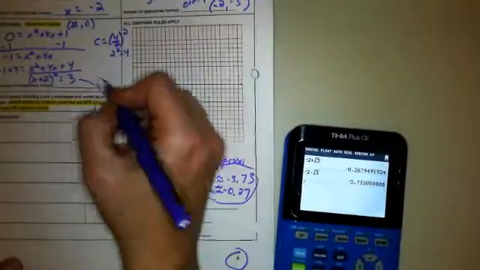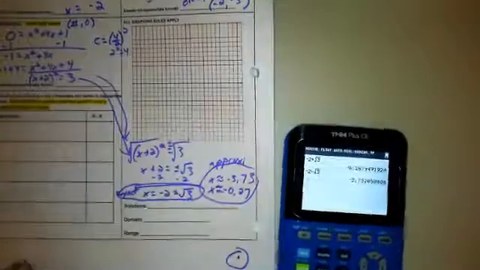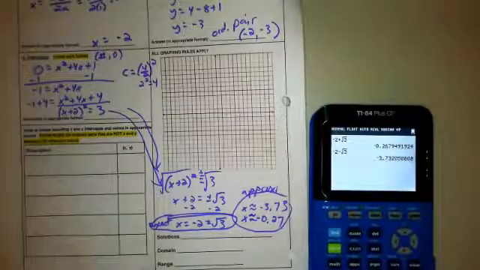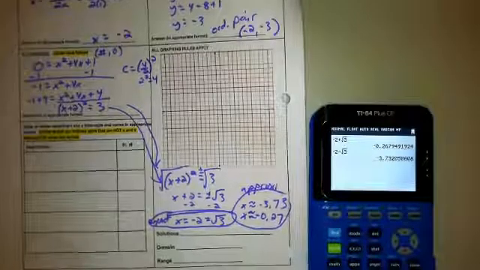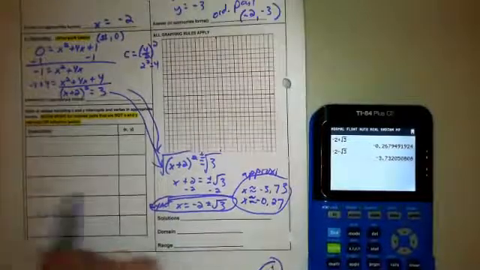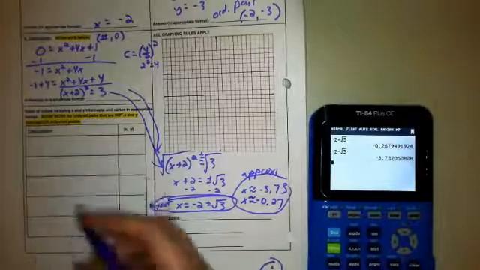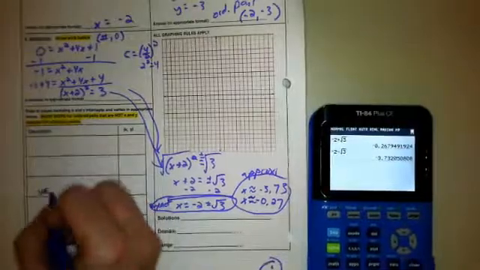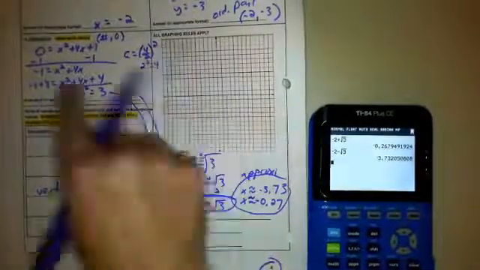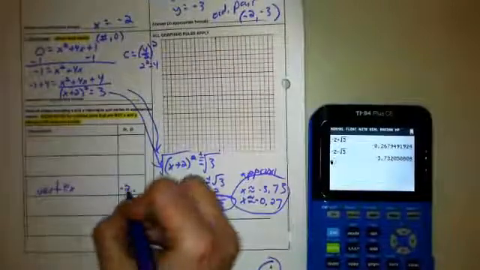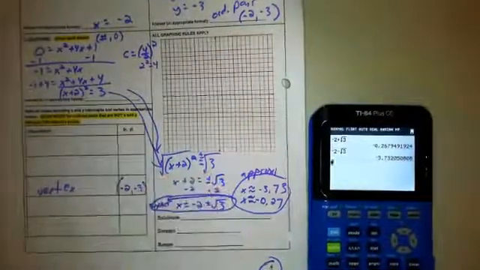Okay, so we have all this now. We're going to fill out our table of values. This is a refresher from way back when. We put our vertex in the middle and then we go up and back. So my vertex, like we said, was (-2, -3).